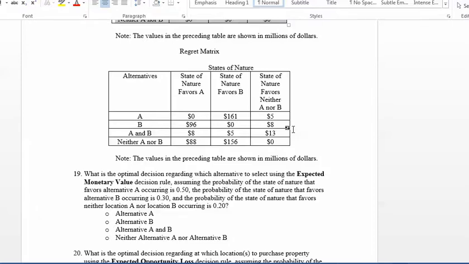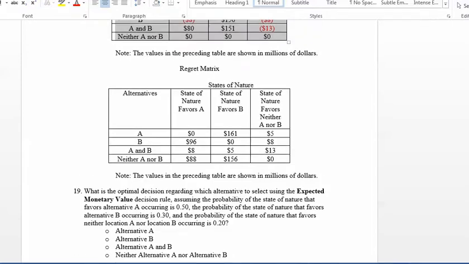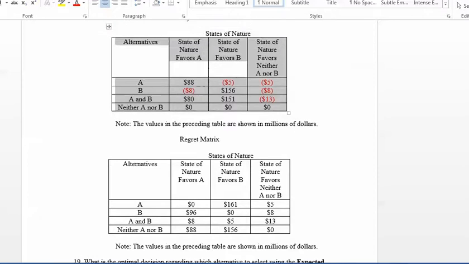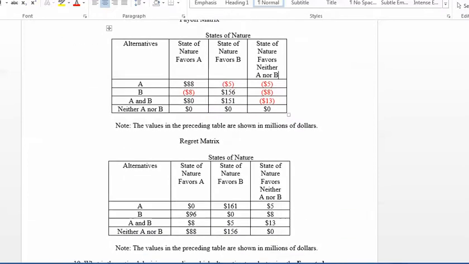So I'm going to take the original matrix, the one right here, and I'm going to derive this regret matrix from that table, okay?